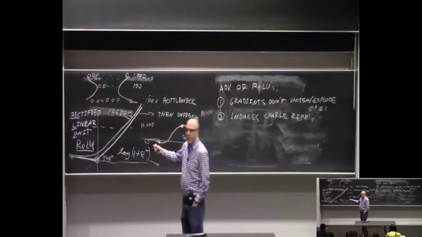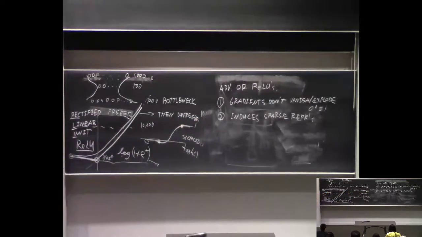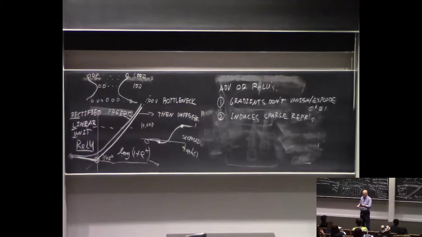Once these were discovered, or even before, people started experimenting with all kinds of transfer functions. Let me see what others I want to do. We talked about differentiability. We talked about, what would make a good transfer function?